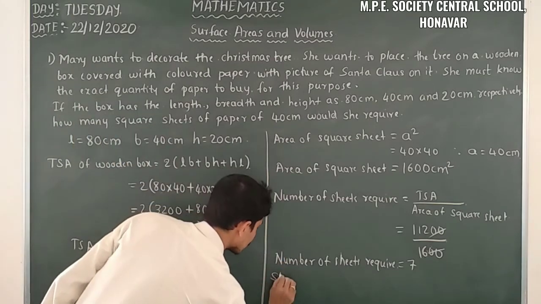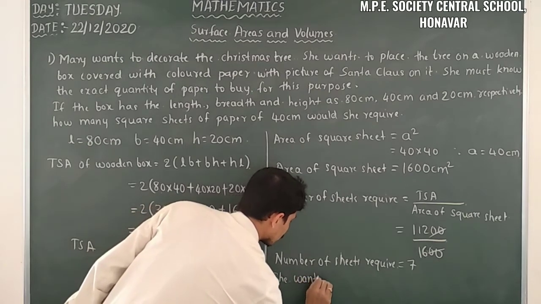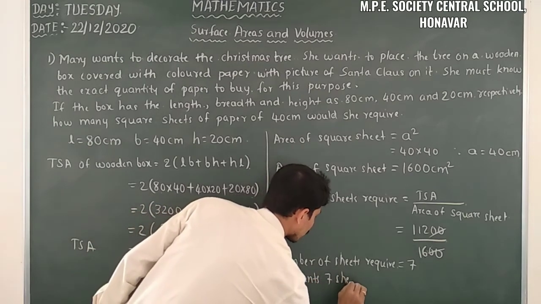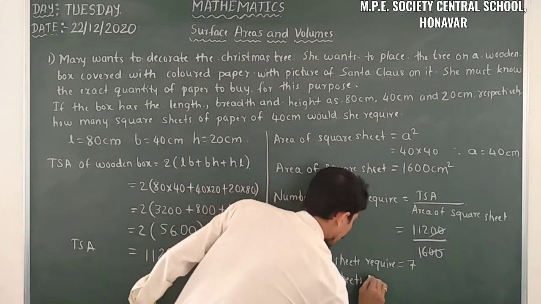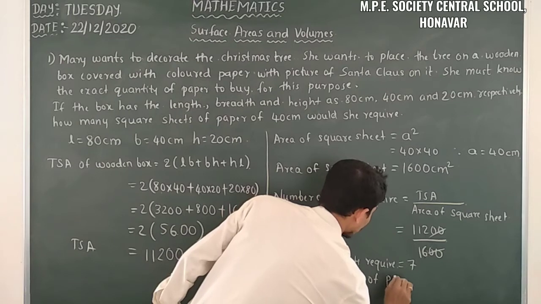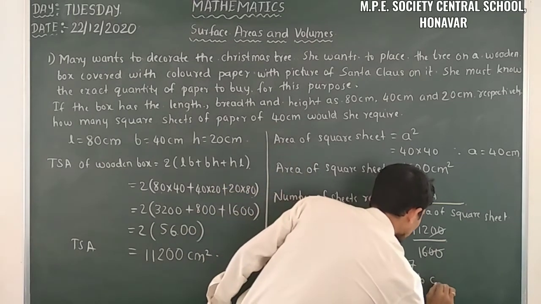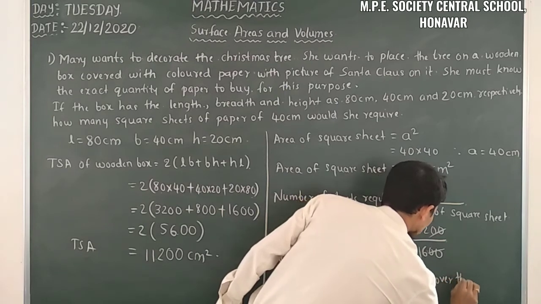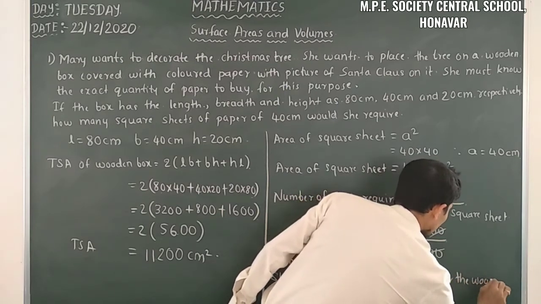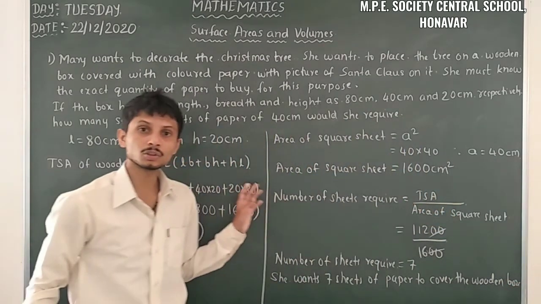She wants 7 sheets of paper to cover the wooden box. So this is the solution of this problem.